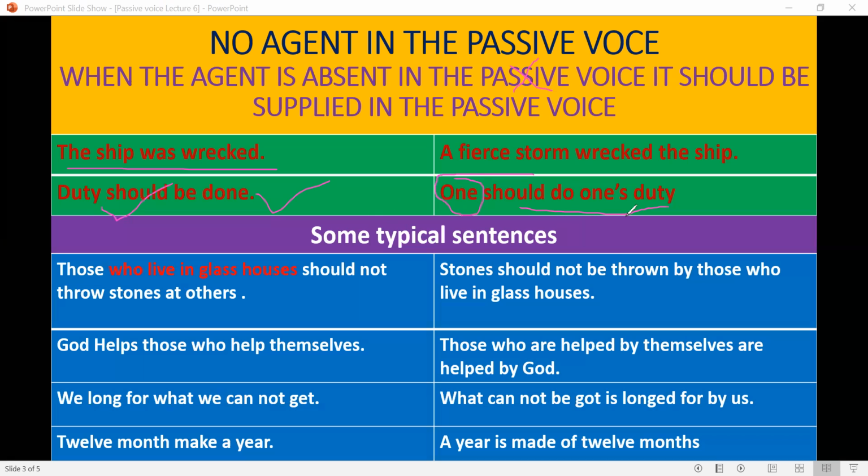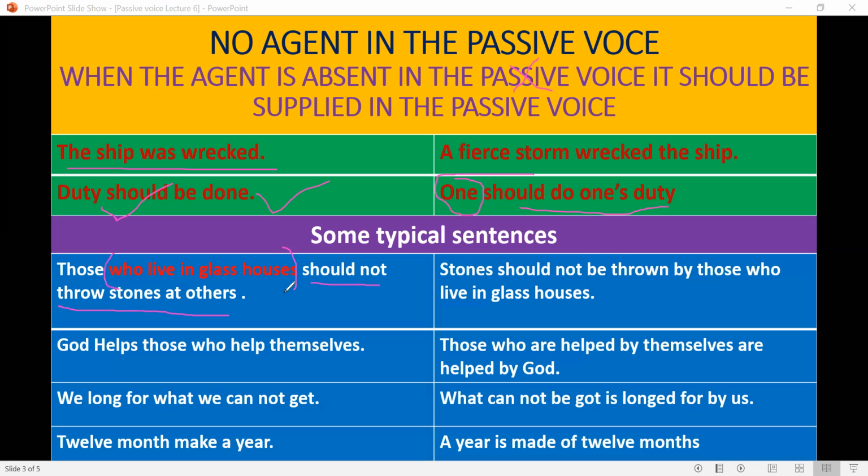There are some typical sentences having proverbs in them. How would we make passive voice of these sentences where some proverb has been used? Like, "Those who live in glass houses should not throw stones at others." This is the main phrase, the main meaning: stones should not be thrown.